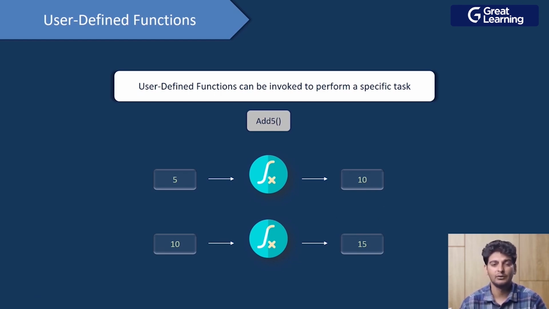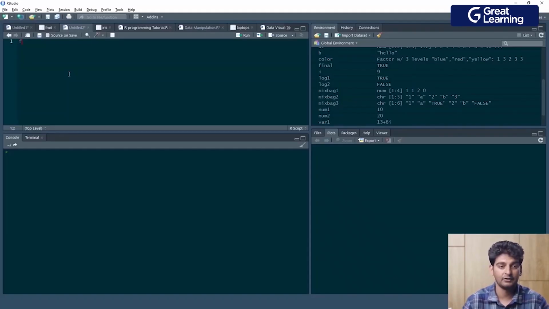So functions basically are used to perform a specified task, and whenever you invoke the function, that task can be implemented again and again. And this is the syntax to create a function. So you will use the keyword function, and inside this you will pass in a parameter which is x. And inside the body you will type in what this function is supposed to do.